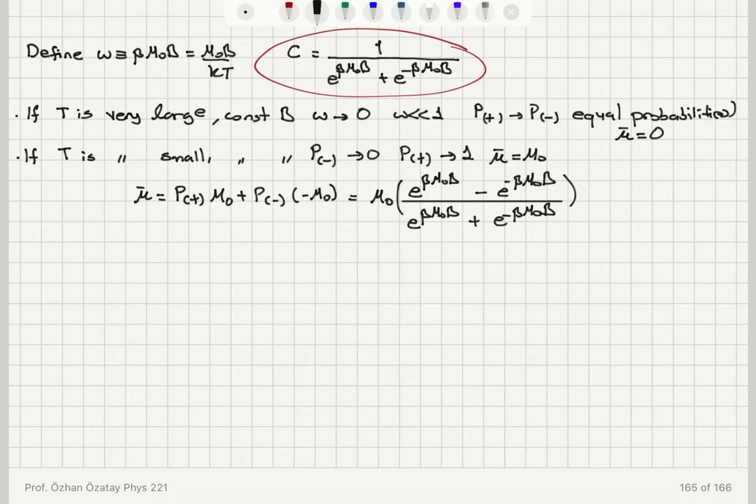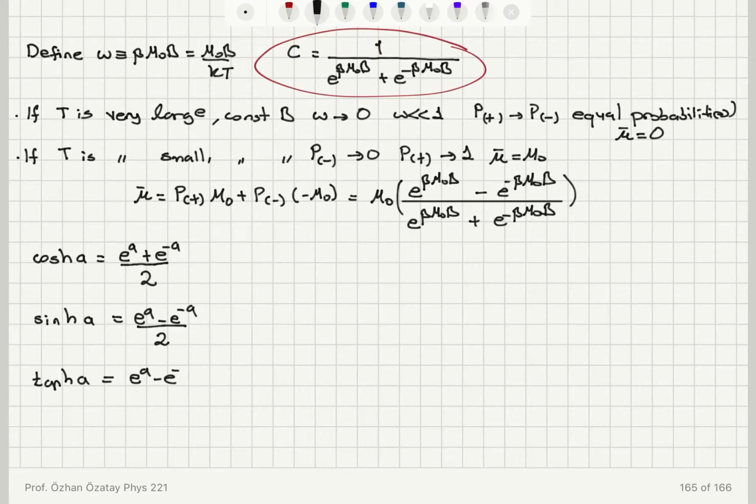Now, I would like to find out if there is a better way of describing this mu bar. If you remember from hyperbolic functions, cosine hyperbolic a is e to the a plus e to the minus a, divided by 2. Sine hyperbolic a is e to the a minus e to the minus a, divided by 2. So tangent hyperbolic a will be e to the a minus e to the minus a, divided by e to the a plus e to the minus a.